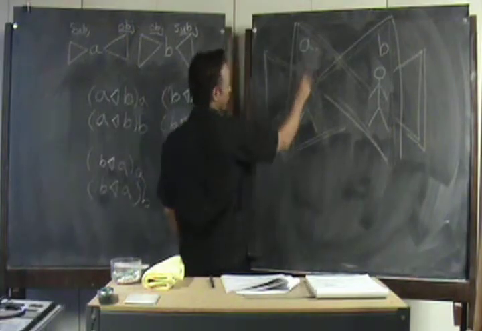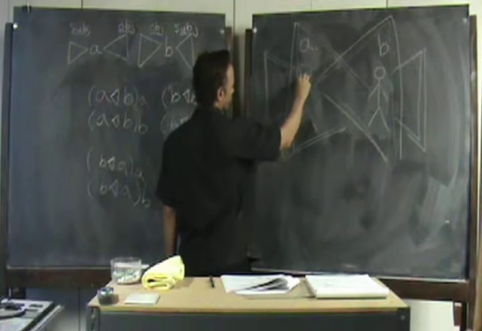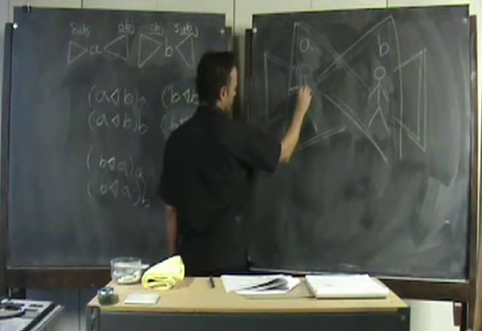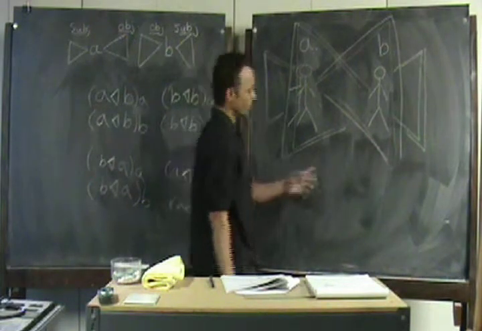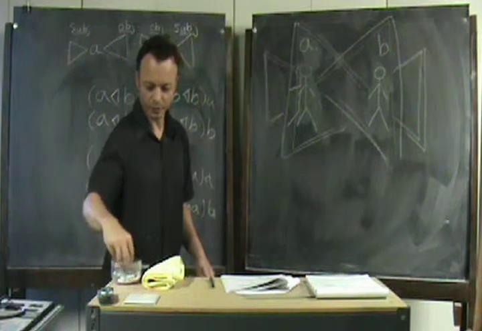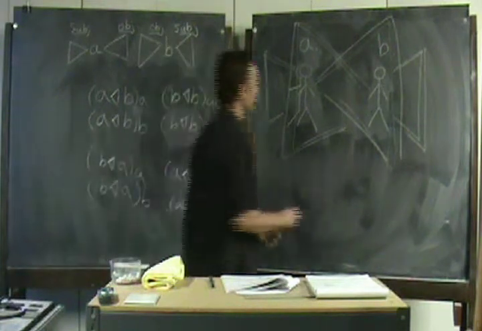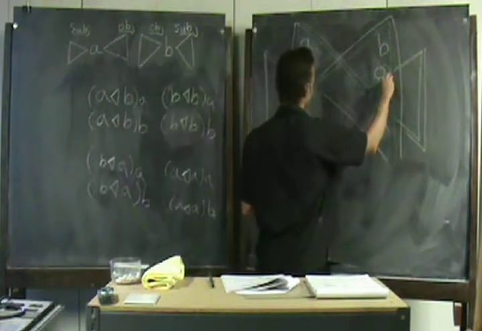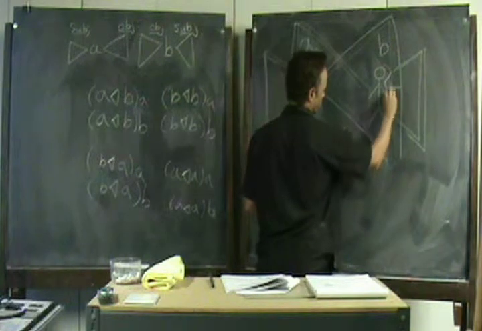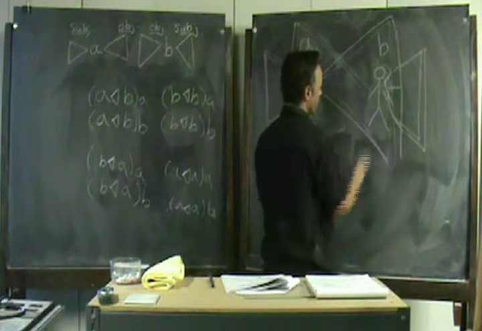So we've got two A's here, right? We've got two B's. I'm going to use a different color of chalk to make this a little bit more illustratable. Right?